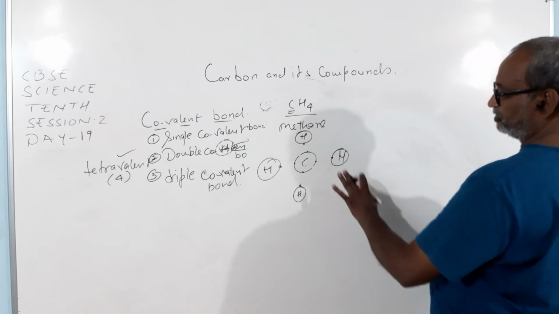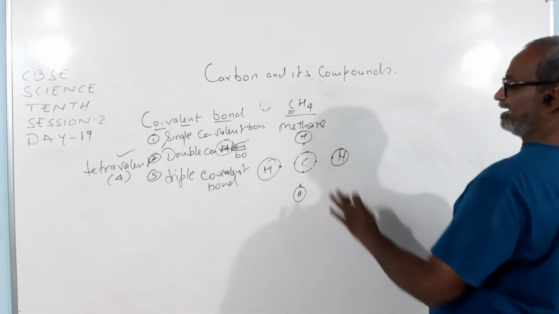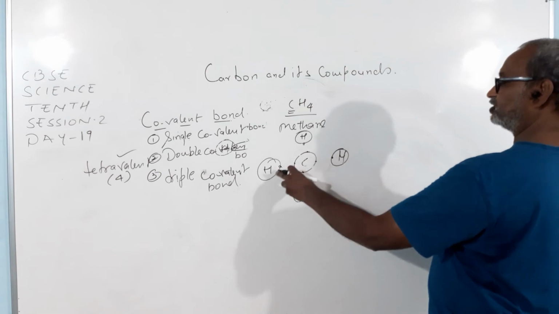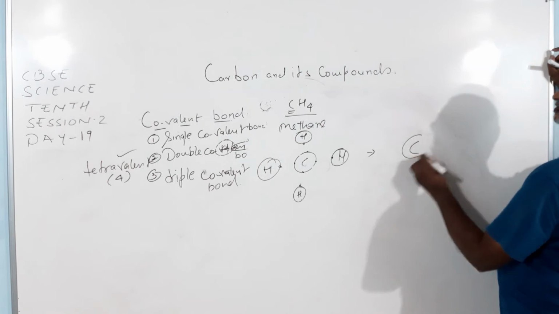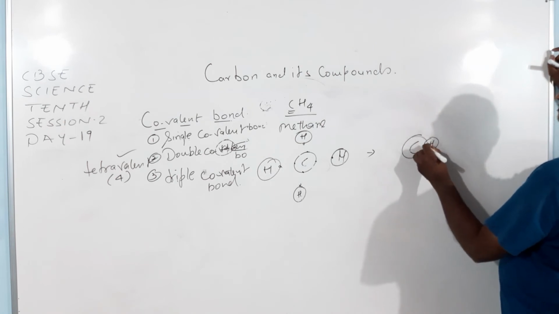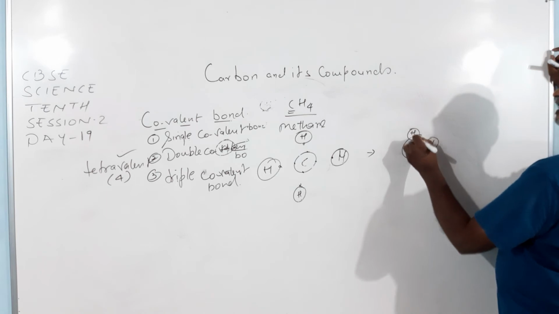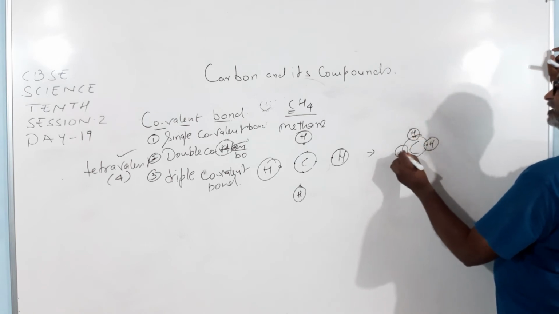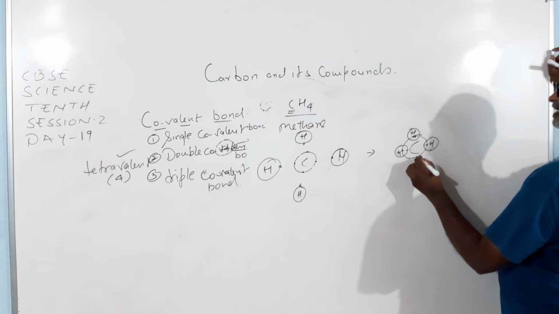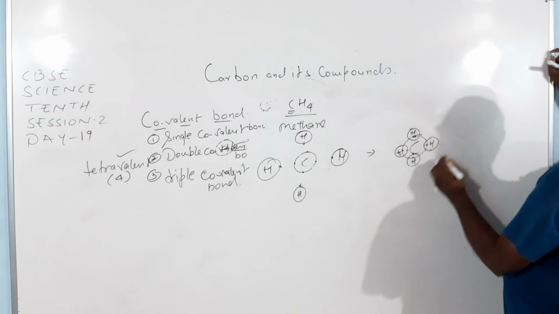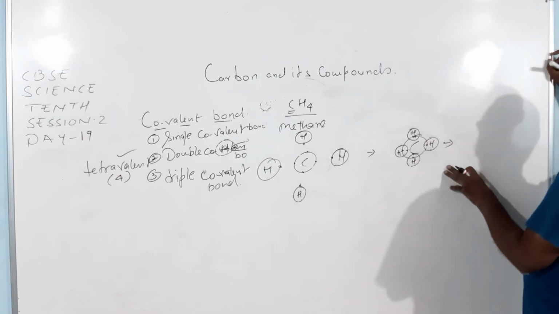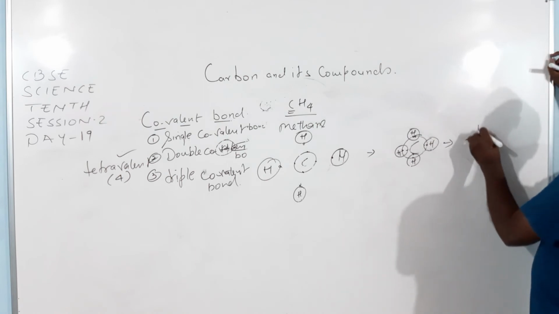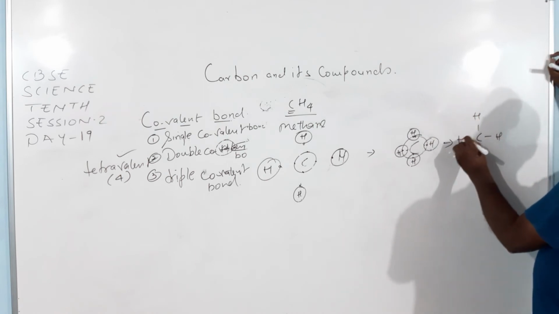In order to complete its octet, carbon atom shares 4 electron pairs with 4 hydrogen atoms. And as a result of this sharing, octet of carbon atom and duplet of hydrogen atom is completed. And since carbon and hydrogen atom are sharing 1 pair of electron, a single covalent bond is formed between carbon and hydrogen atom.